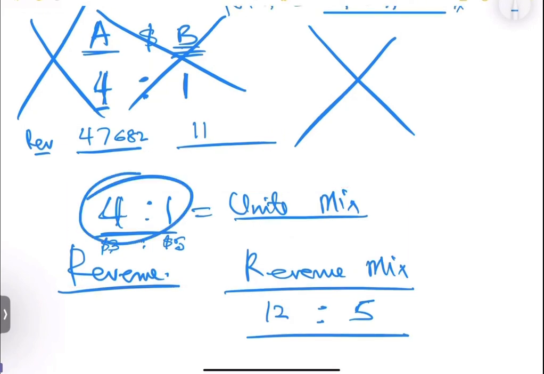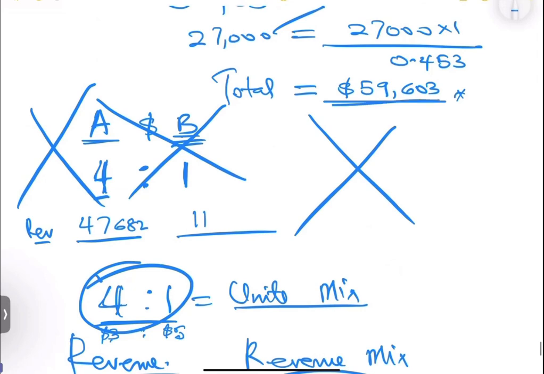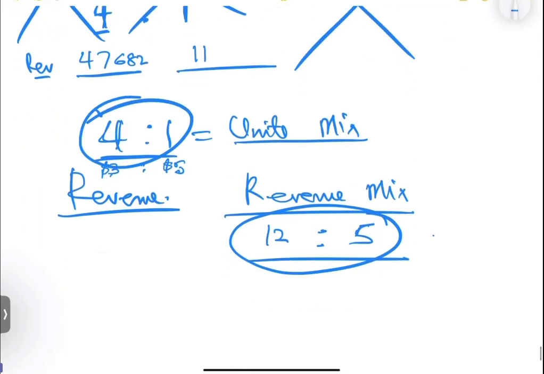This is our unit mix. So when we are doing unit analysis, yes, we use this to split. But when we are doing revenue analysis, we use revenue mix to split. So this revenue of 59,603, we have to split it based on this revenue mix. And this is where a lot of practice will be quite important because you're going to make mistakes.